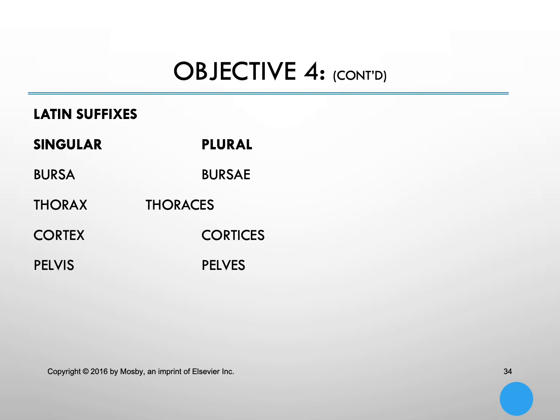Another example is pelvis. One pelvis, more than one pelvis would be pelves. And another example, appendix, that IX on the end. Remember, we said it becomes an ES, so one appendix, which is a little worm-like thing that is located on the large intestine, and more than one appendix, we would call that the appendices.